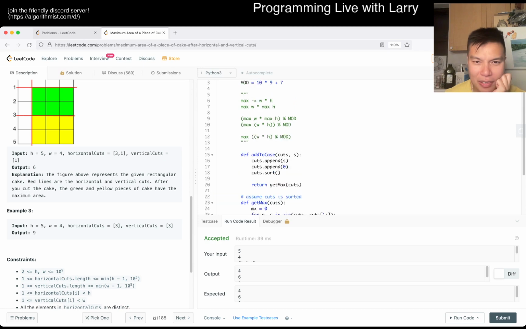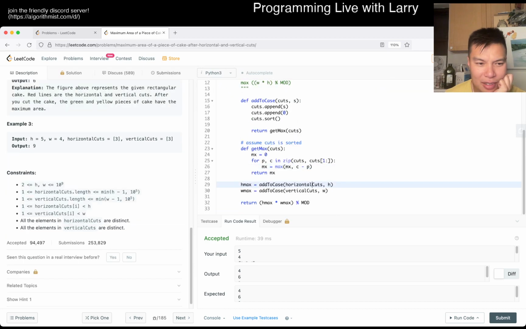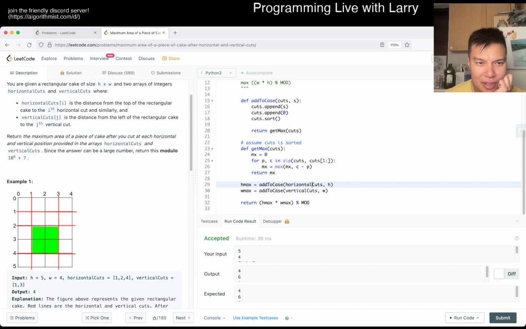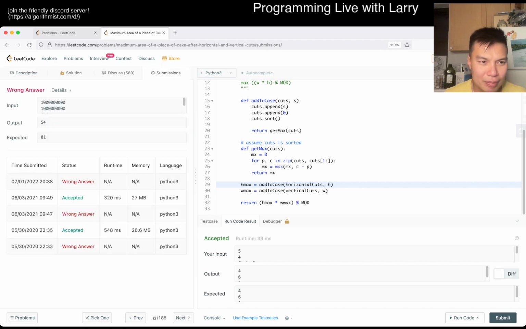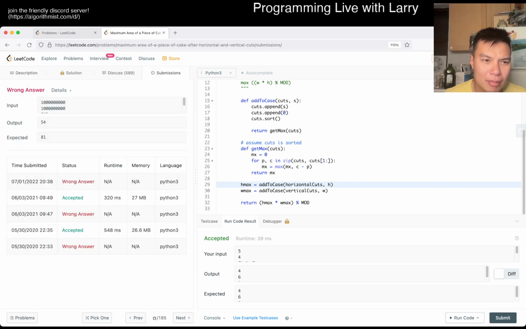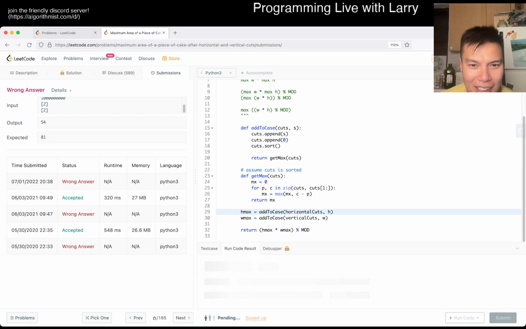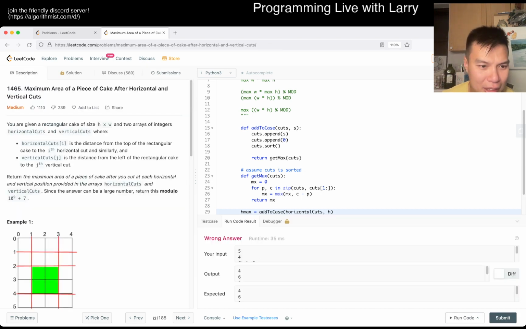Why do I get this wrong? I mean, there's only one input, right? That's weird, isn't it? Apparently I get this wrong every time, and I don't know why yet. This seems pretty straightforward to me, unless I misunderstood the problem.